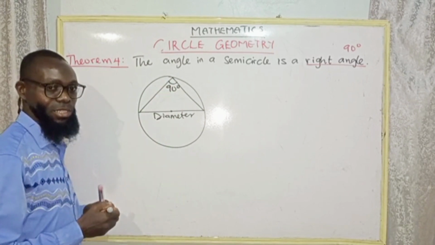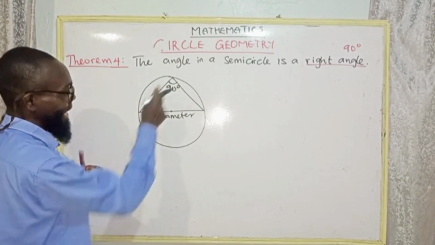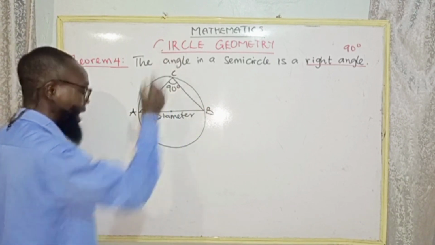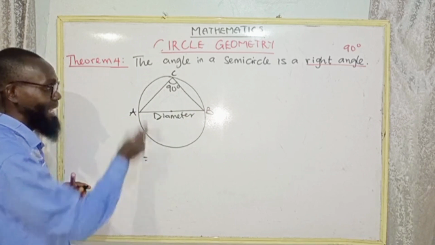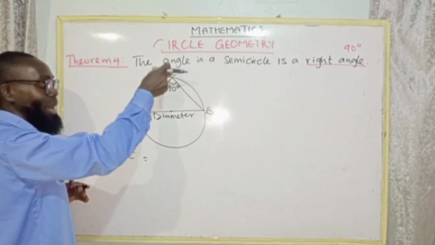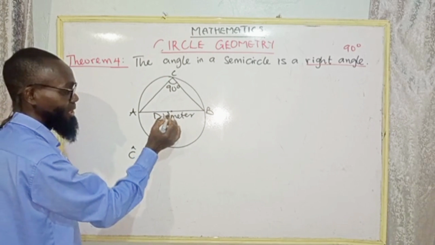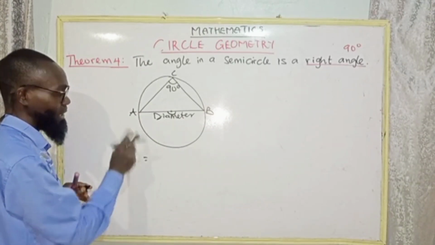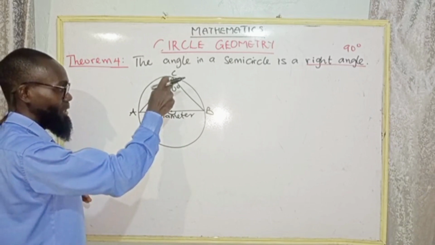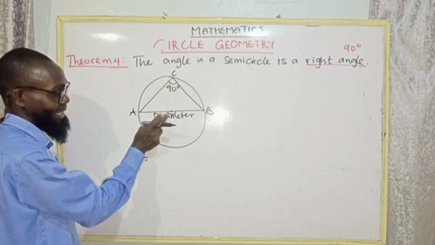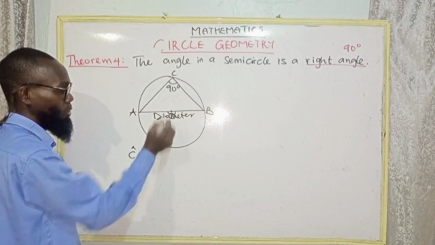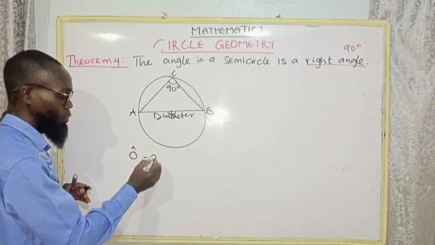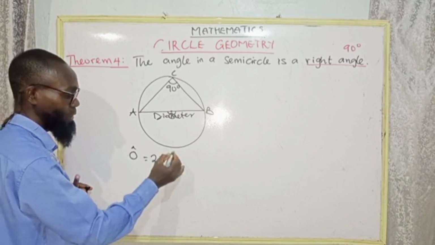Don't forget, the angle on the circumference, let me say A, B, C, angle C is an angle on the circumference, while the center of the circumference is this angle here. To get this center, let's say center O, it is going to be 2 multiplied by angle C.